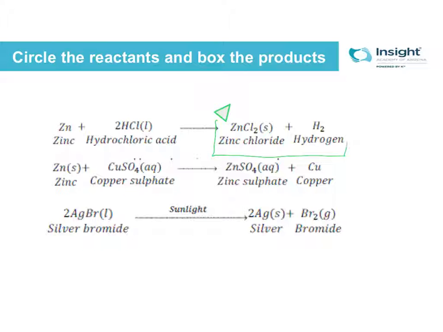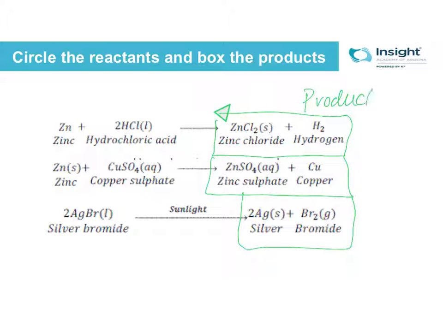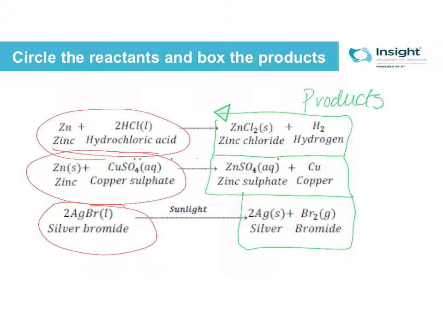So I would box everything on the right side of the arrow, because these are all products. And I would circle everything on the left side of the arrow, because these are all reactants. Pretty simple task.